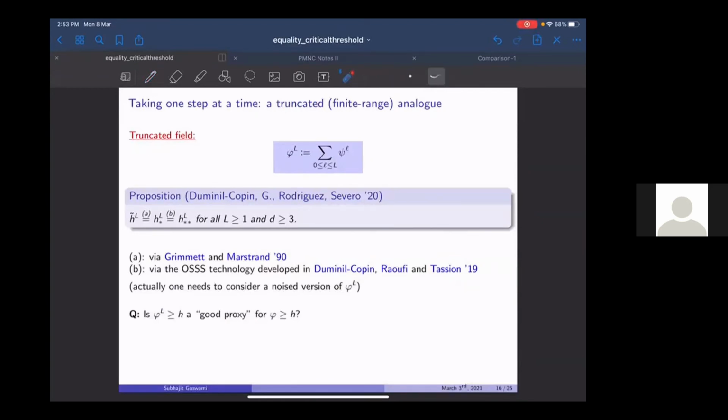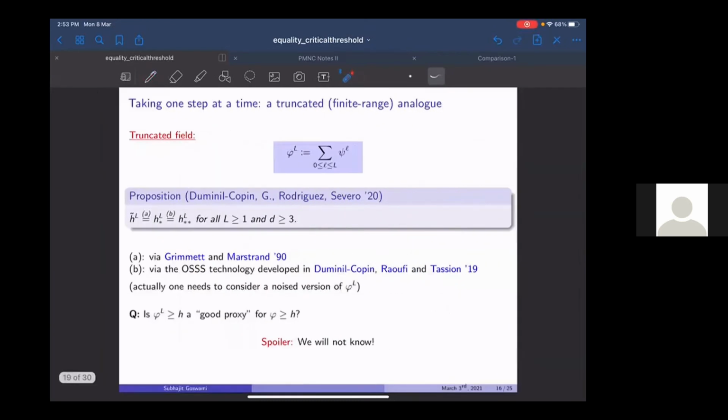Then you can ask me, well, we probably don't need that strong a notion of comparison. We just care about connection probabilities, right? Even though what you are showing me is basically these bulk events, we don't need that at all. So maybe in a weaker sense, they are good proxies of each other. There are such inequalities.